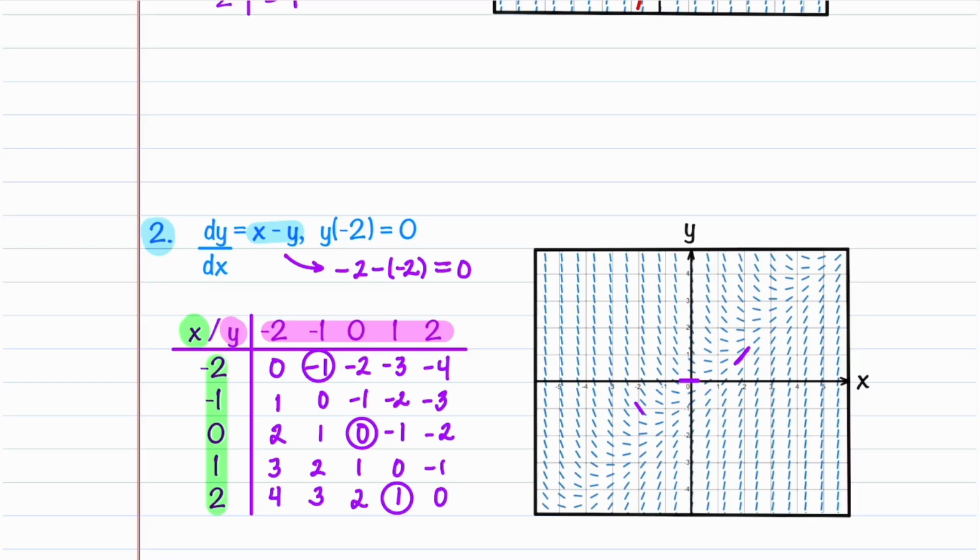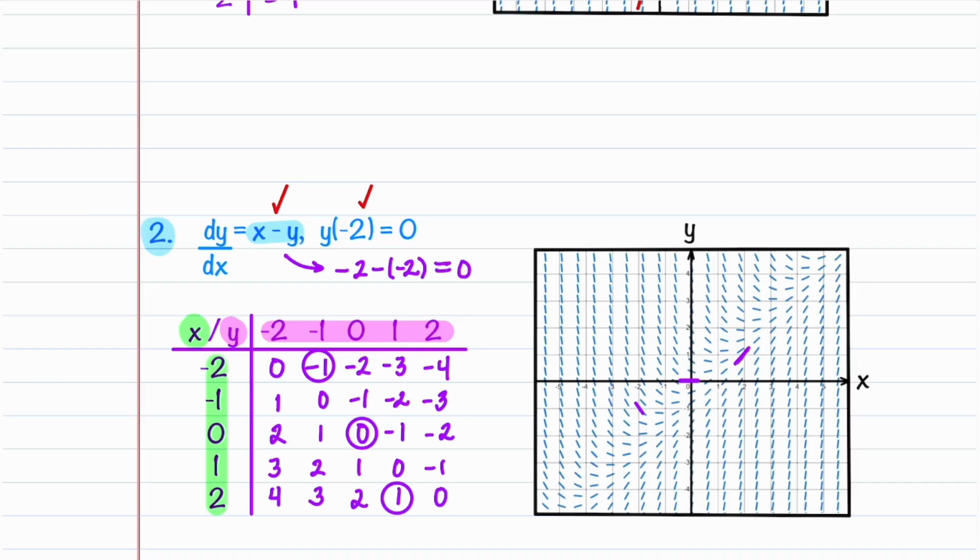Notice from our graph that the slopes are different on the left and on the right. They're not the same as they were in example 1, and the reason for that is because our slope depends on x and y. So it's going to be different for different x and y values. Let's now draw the solution curve that passes through the point x is -2, y is 0.